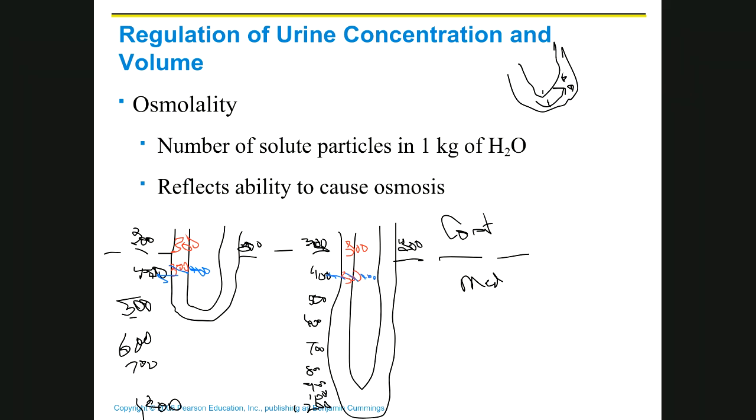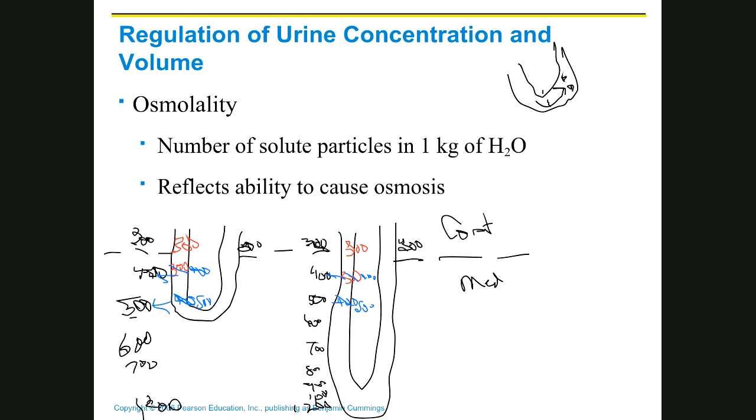But now look, 400 is going to go down here. What's going to happen now? Which way is water going to go? It's going to go out until this number is the same.